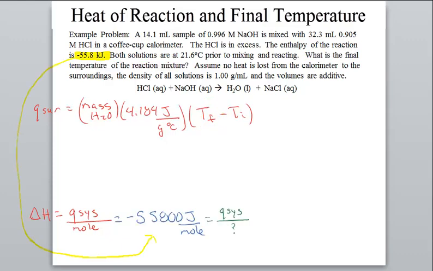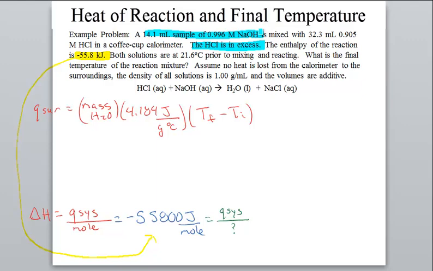The first equation we're going to use is the enthalpy change, and we know that delta H is negative 55,800 joules per mole. Using that, and if we knew how many moles reacted, we could figure out the heat flow. So how many moles actually reacted? Well, we're told in the problem HCl is in excess, which means the reaction stopped when that 14.1 milliliters of 0.996 molarity NaOH reacted.